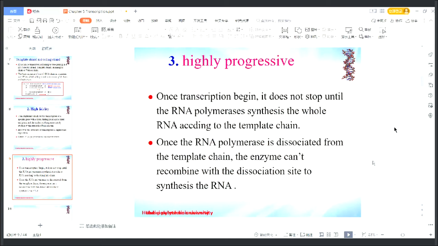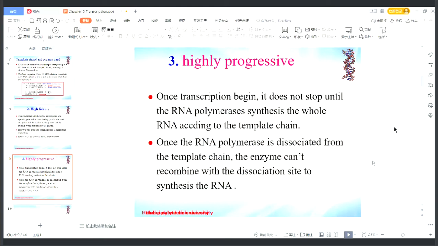What does that mean? Once the transcription begins, it doesn't stop until the polymerase synthesizes the whole RNA according to the base pairing.